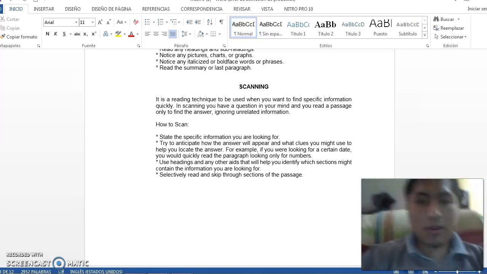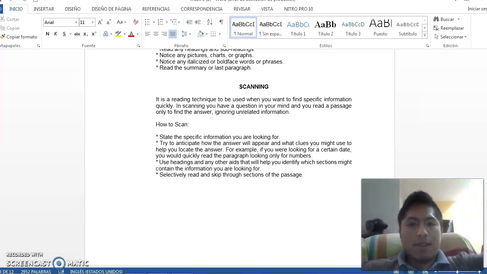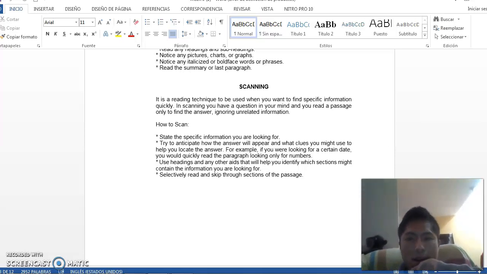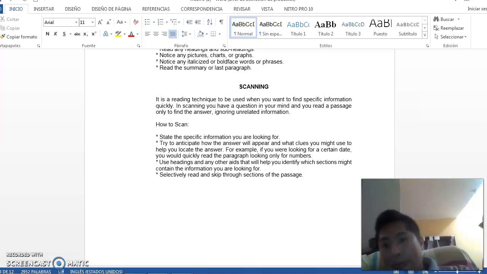Here it says how to scan. State the specific information you're looking for. Try to anticipate how the answer will appear and what clues you might use to help you locate the answer. For example, if you're looking for a certain date, you would quickly read the paragraph looking only for numbers. That is true.